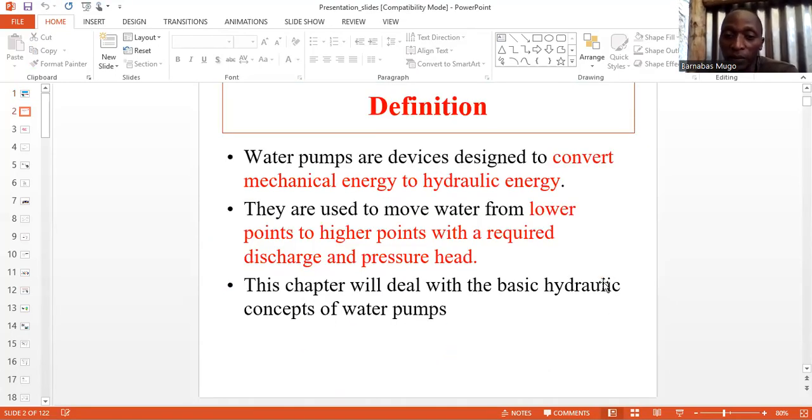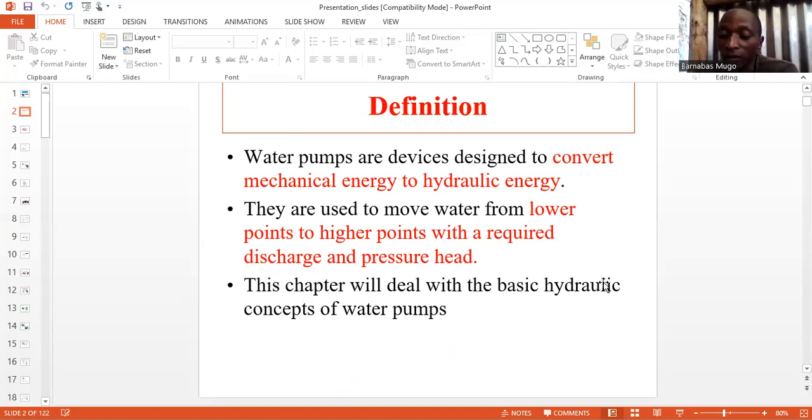When we are using a water pump, we are saying that these are devices that convert mechanical energy to hydraulic energy, meaning that the rotation of the impeller, as we're going to see, is responsible for energizing the water molecules, and water is going to flow towards a different point.